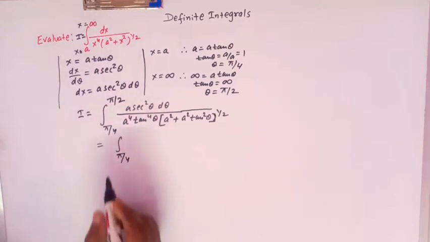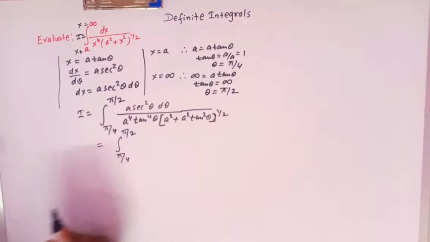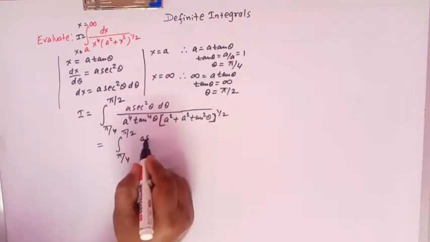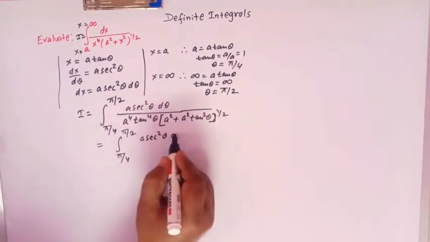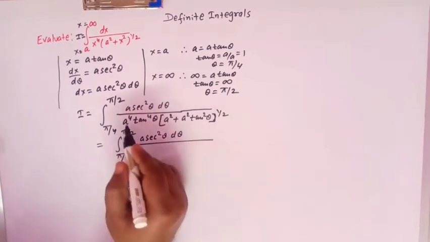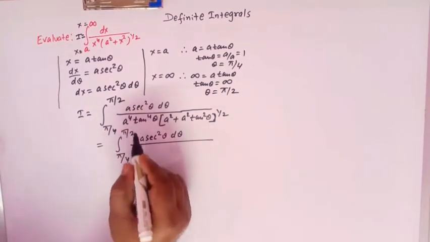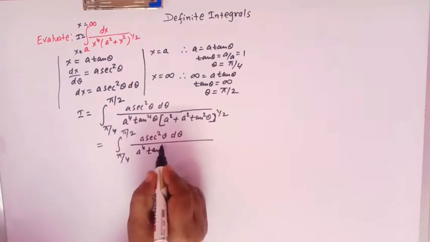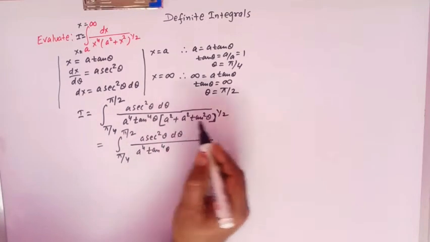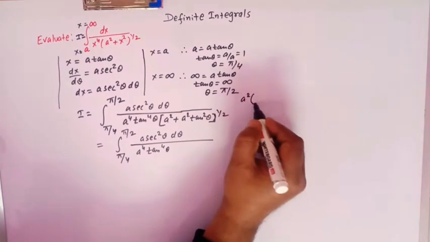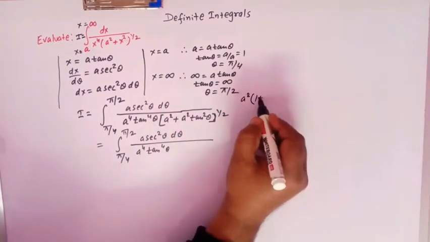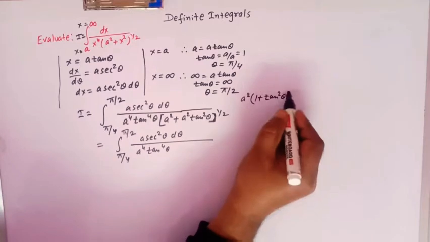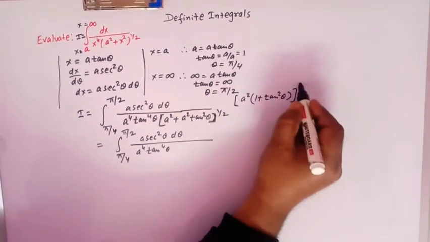So now we can rewrite it as the integral from pi by 4 to pi by 2, and here we have a sec square theta d theta, and in the denominator we have a raised to 4 tan 4 theta, and here if we take a square common, then we have 1 plus tan square theta, and here we have half.